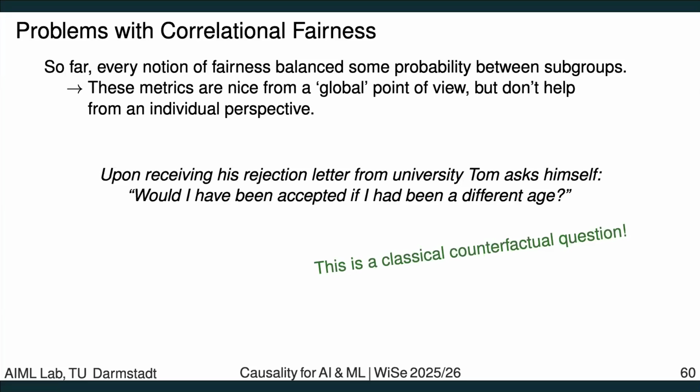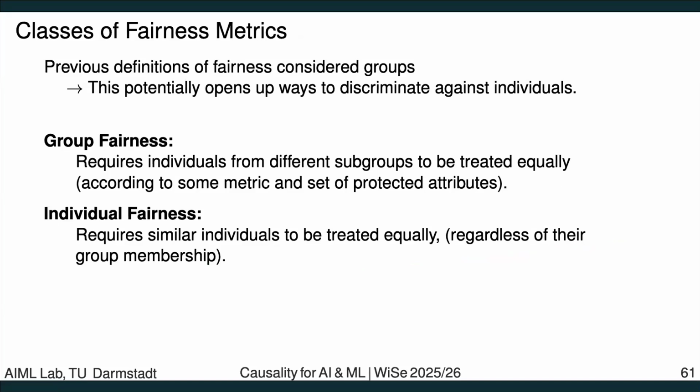And now I want to track back all the attributes, all the factors that were relevant for this decision. I change maybe one of my protected attributes and then rerun this decision process again. So this is the classical three-step procedure we saw for counterfactuals. So this is inherently causal in a way. And yeah, that's what we will be looking at next.